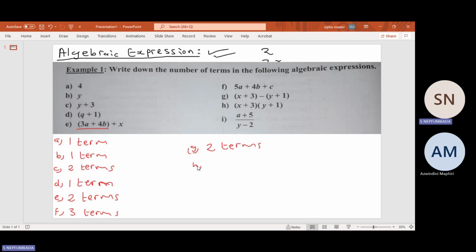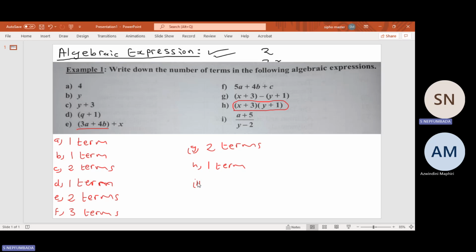May you please explain why you are saying it's one term? X plus 3 are in the same bracket, and then multiplied by y plus 1 in a bracket. Then we multiply them together, then they become like one thing. Brackets show what? One term. Yes, this is one term.